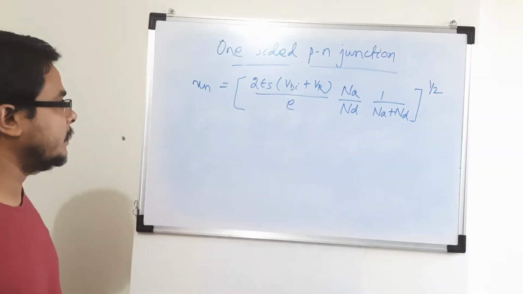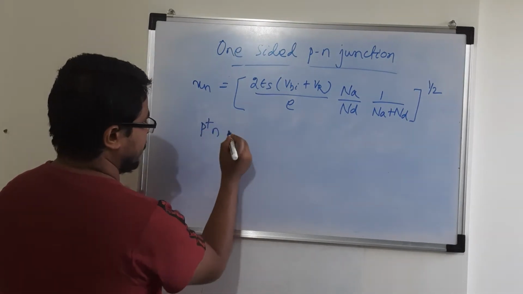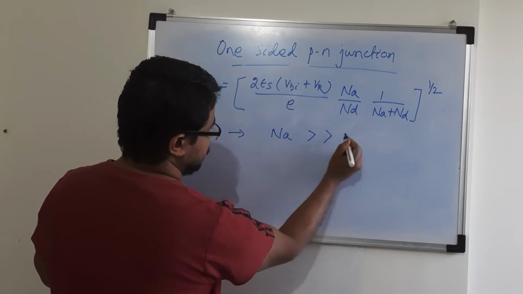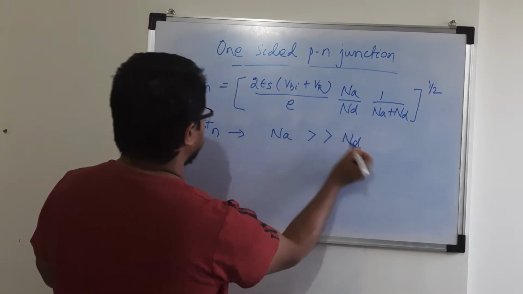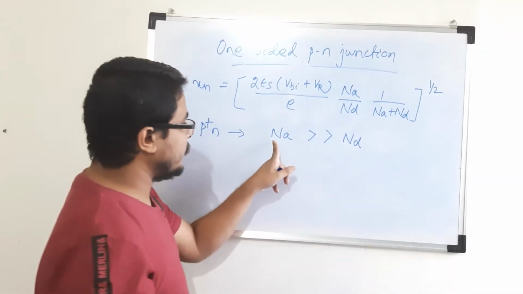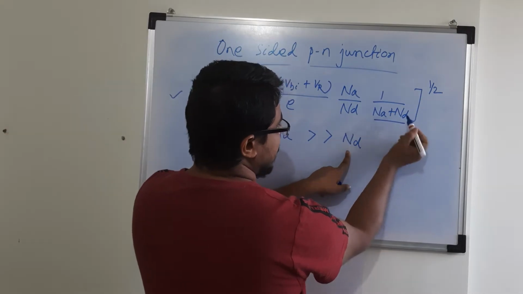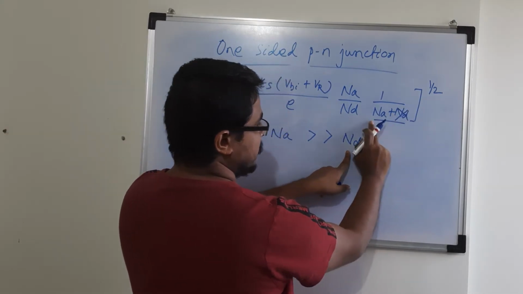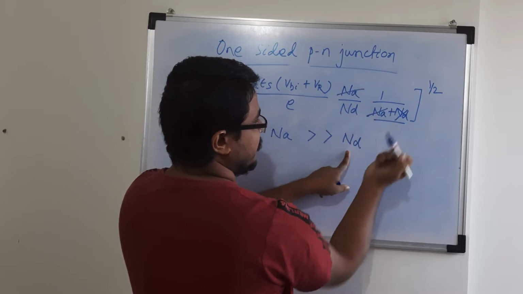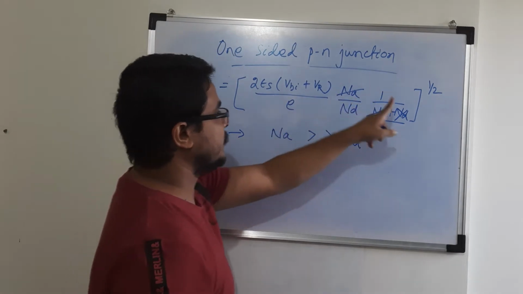Now here, if I write it for a P plus N junction, where we said that the Na value is much larger than Nd, then what will happen to the xn value? Let us see. If Na is much larger than Nd, then in this term Nd can be ignored as compared to Na. Then you have an Na over here, and the Na terms will cancel. So whatever is left we can write.